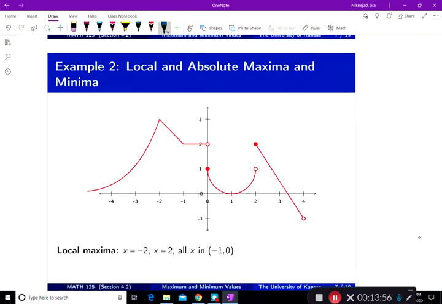So local min, I see that here is a local min because all the points around it are higher than that. Again, we discussed that this cannot be a local min. It's not a point, so it's empty. It's not going to be a local min. Over here, it just gets closer and closer to 0. That doesn't count.